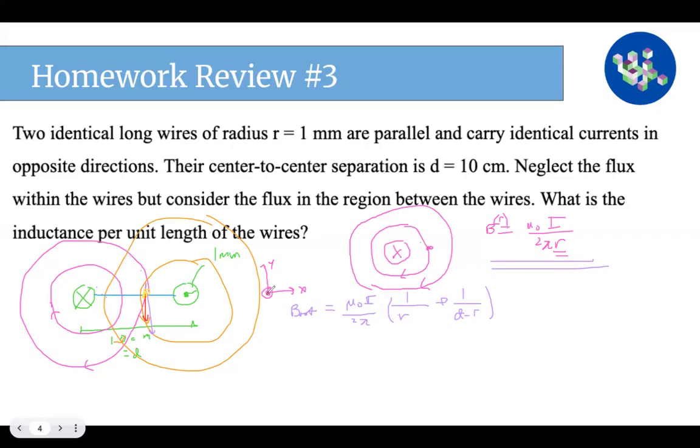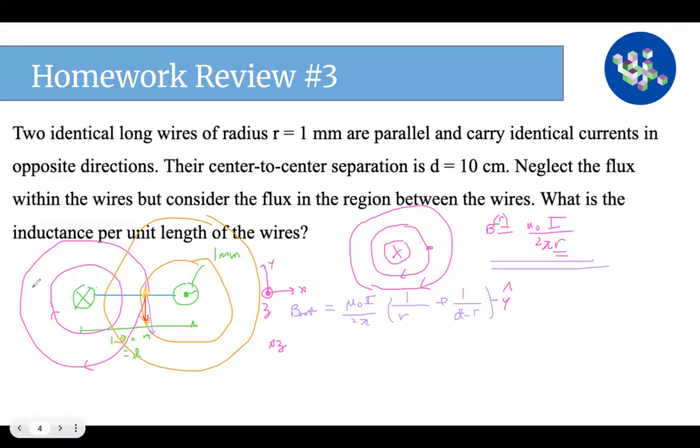I want to find the flux in the xz direction, because my field is in the y direction. Actually, it's in the negative y cap direction, but that doesn't matter. So I want to find the flux through the xz plane.